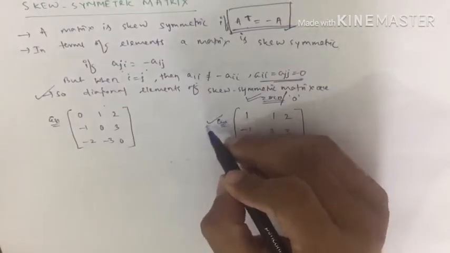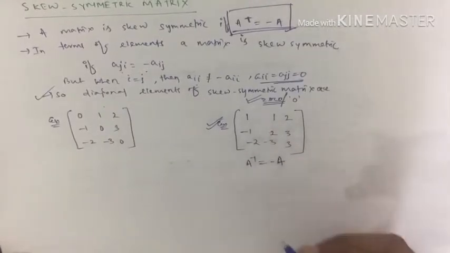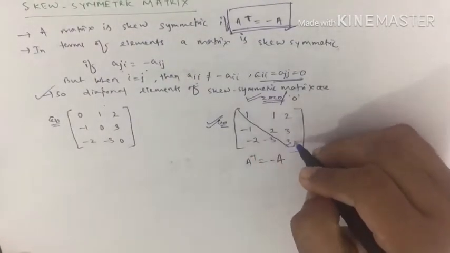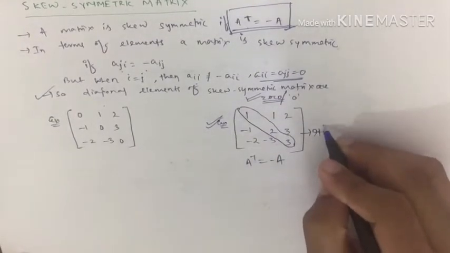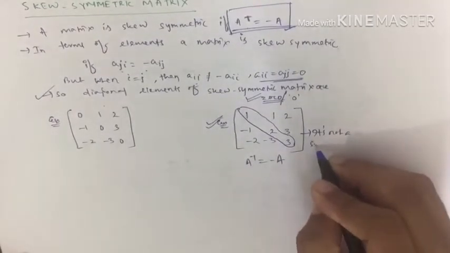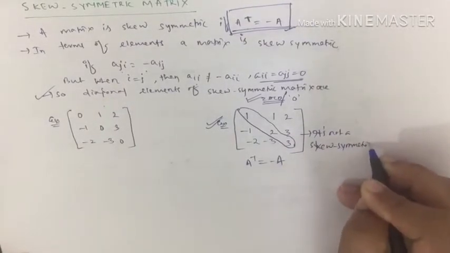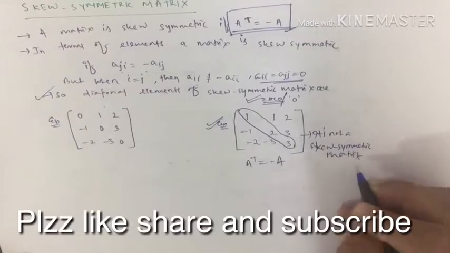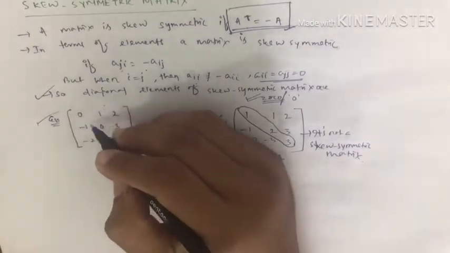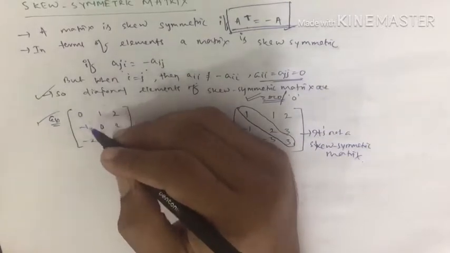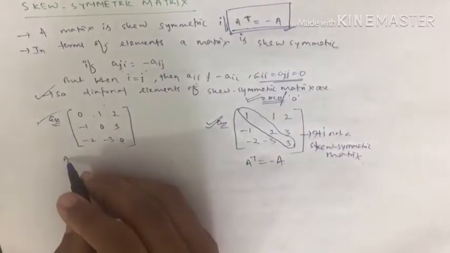In the example here, you will get A transpose equal to minus A, but here the diagonal elements are non-zero, so it's not a skew symmetric matrix. Important to say. An example of a skew symmetric matrix is this. First verify the diagonal elements: all the diagonal elements are 0. Then verify its transpose.